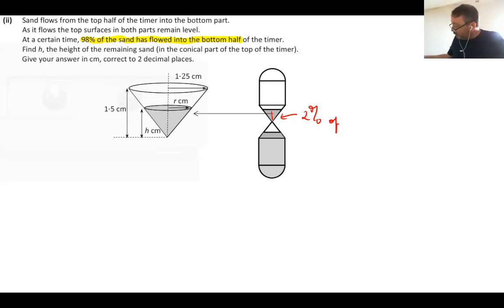And that volume, as I told you already, was 23.73 centimeters cubed. So in other words, this cone here is only 2% of the original volume.